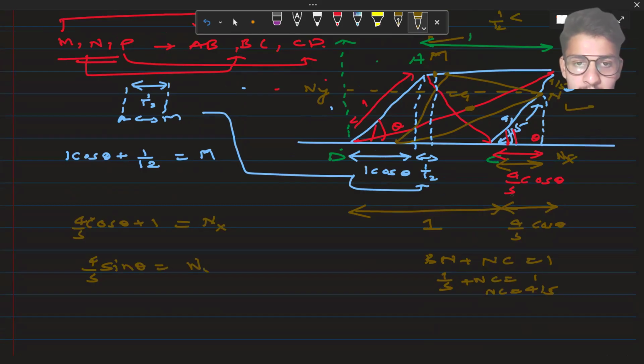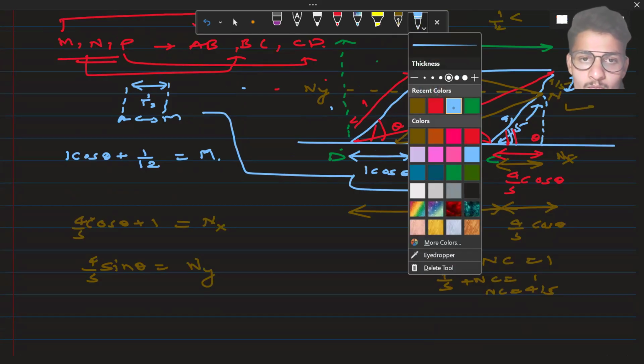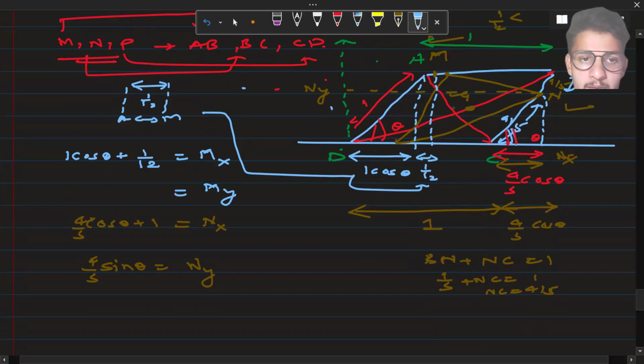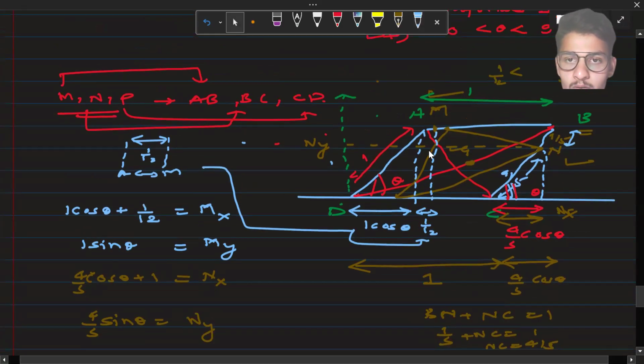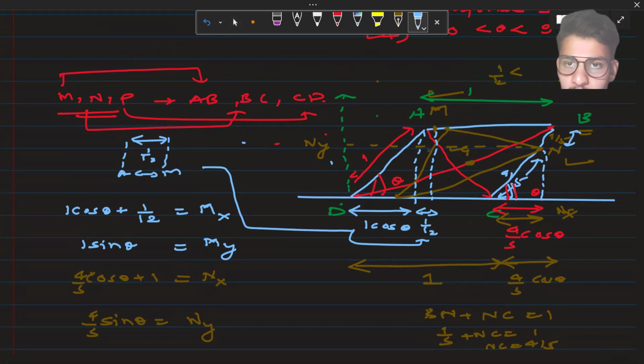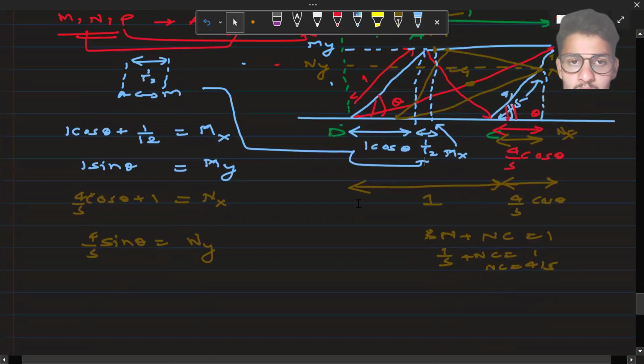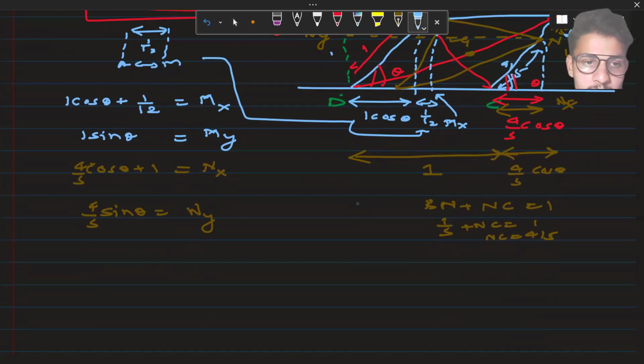This is the MX coordinate, and the MY coordinate will be 1 sin theta. And MX is this point. So these are the points of M and N.